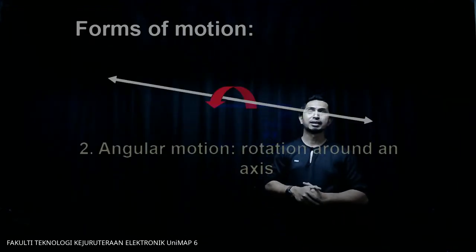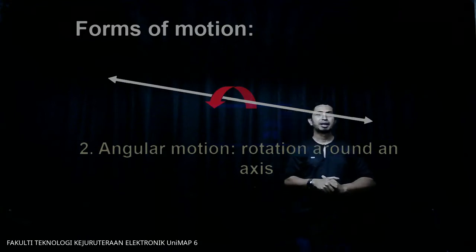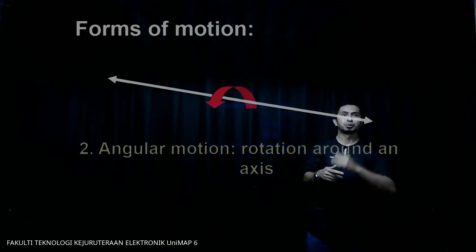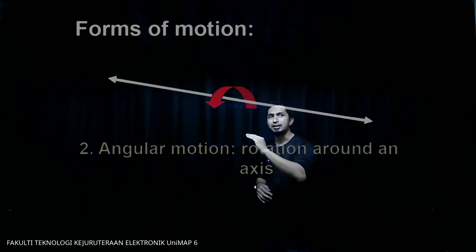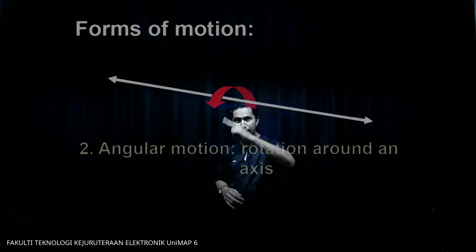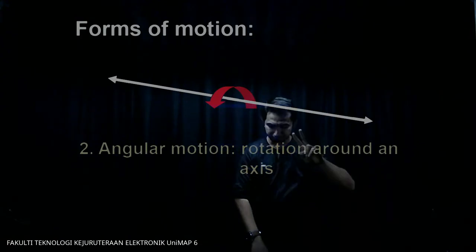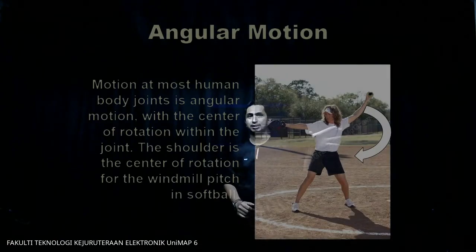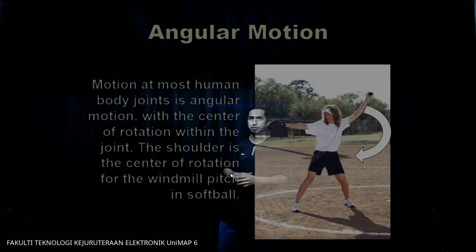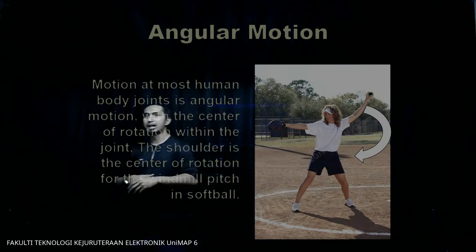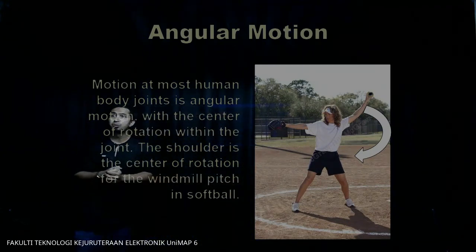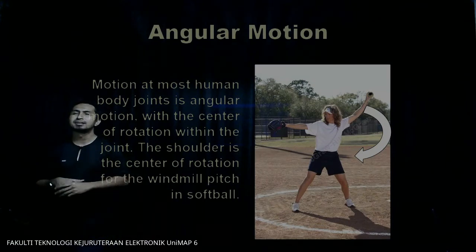The second type of motion is angular motion, rotation around an axis. So this is an example of angular motion. Motion at most human body joints is angular motion with the center of rotation within the joint.